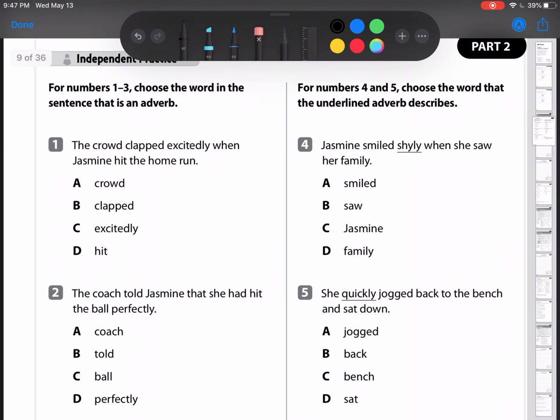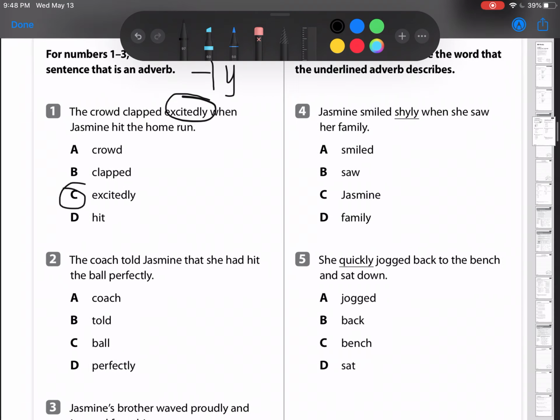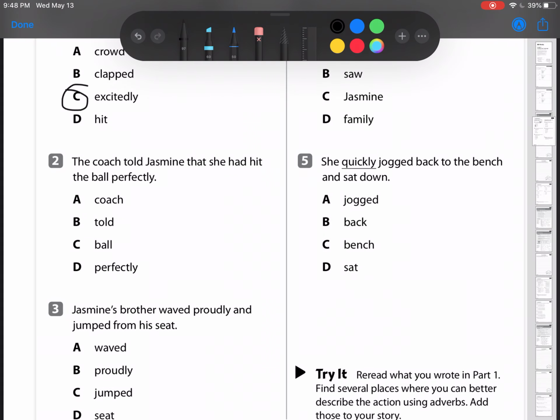For numbers 1 through 3, choose the word in the sentence that is an adverb. The crowd clapped excitedly when Jasmine hit a home run. Remember, they end in ly typically, so here it is, excitedly. The coach told Jasmine that she had hit the ball perfectly.